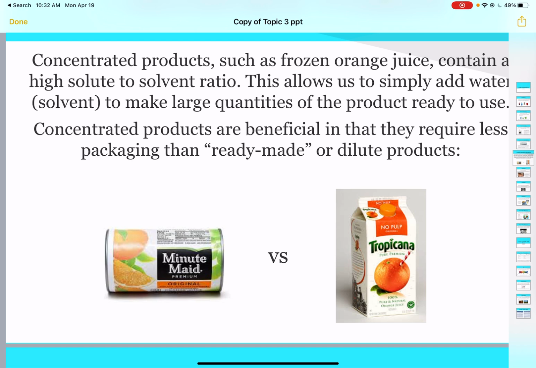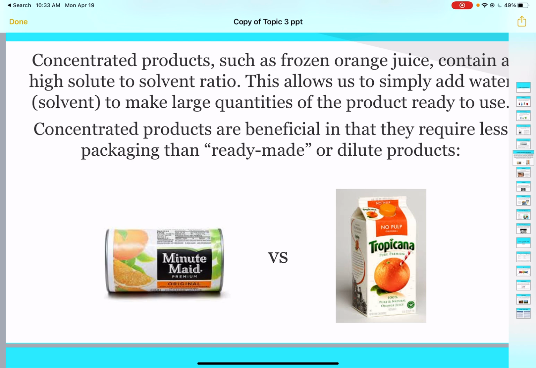It's got less mass. You're not just shipping water when you can just add water when it gets to the customer. So this is a way to make concentrated things where you add your own water and the company doesn't have to pay to ship water.